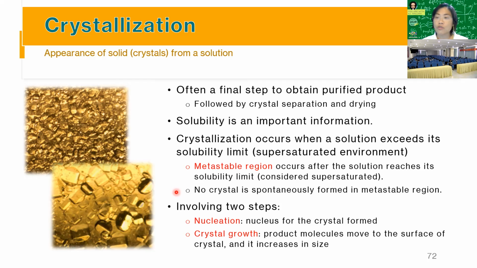To form crystals, it involves two steps. The first step, you have to have nucleation first, something to start the crystal growing, what we call a nucleus. Then the second step is crystal growth. Once you have something for the substance to hold on to, it starts to grow bigger and bigger, increasing in size.